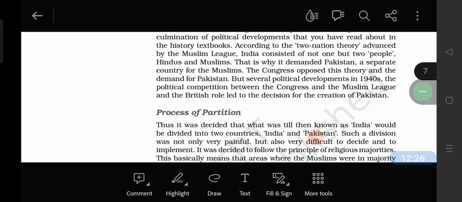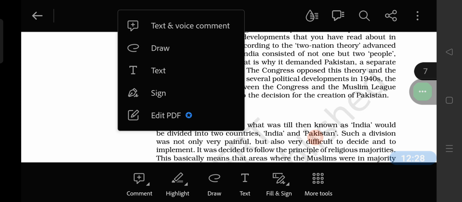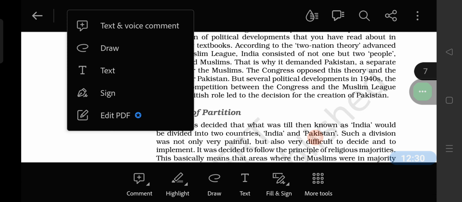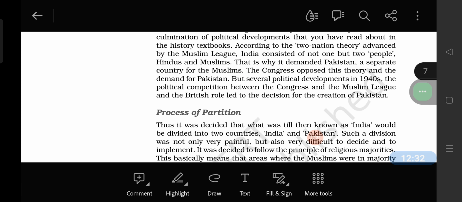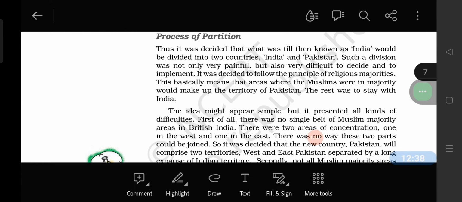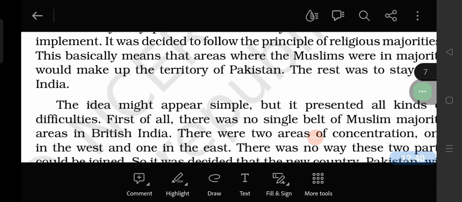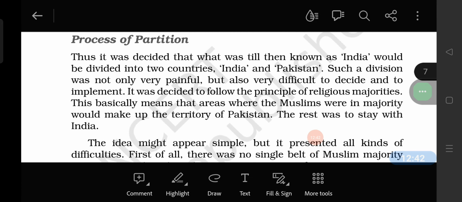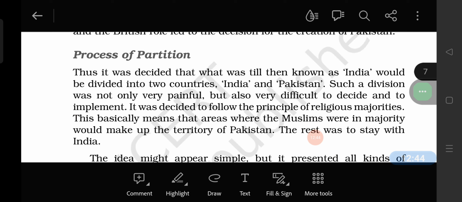So, the process of the partition. What is the process? It was decided that what was till then known as India would be divided into two countries, India and Pakistan.